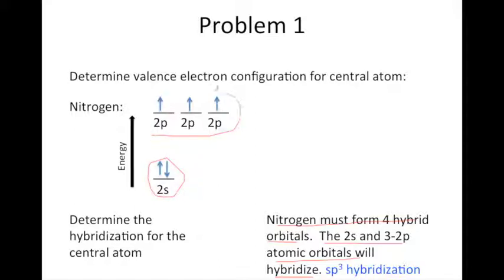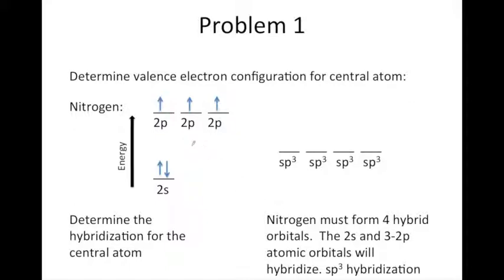We're going to use all 3 of our 2p atomic orbitals. And so we're going to form 4 sp3 hybrid orbitals, just like we did with methane. So we took 1, 2, 3, 4 atomic orbitals, and that allowed us to form 4 hybrid orbitals, all with equal energy. So we'll form 3 equal bonds, and our lone pair will be in one of those orbitals.